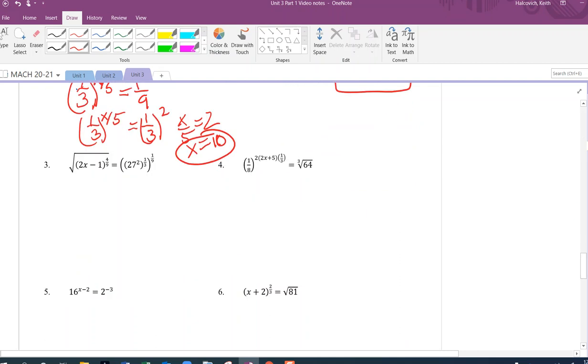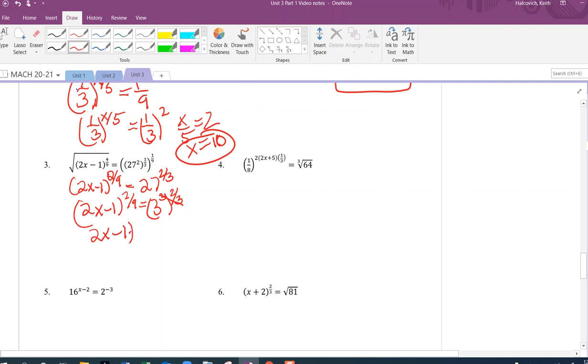Number 3, it's to the 1/2 power, so it's 2x minus 1 to the 4/9 times 1/2, so 2/9 equals, and then we have 27 to the 2/27 power. 2x minus 1 to the 2/9 equals, and this is 3 to the 3rd to the 2/3, which means it's 3 squared or 9.